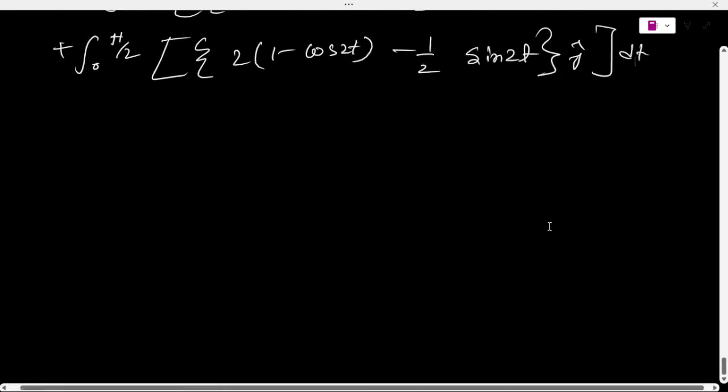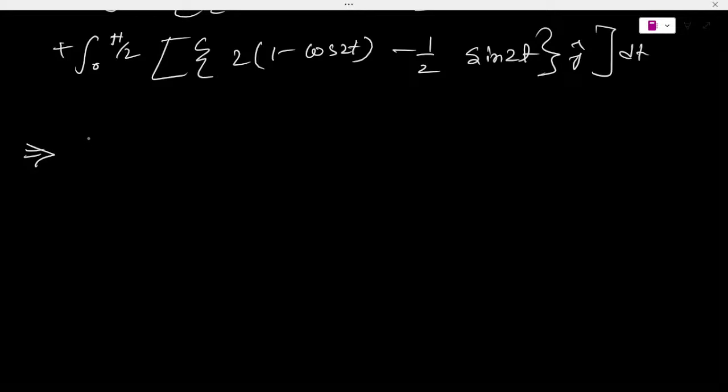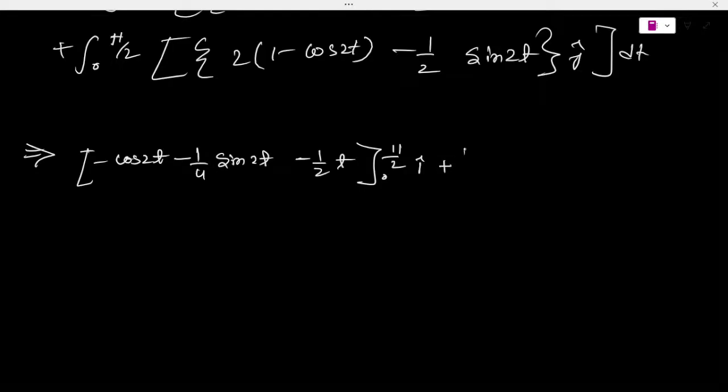And after that the result will be minus cos 2t minus 1 by 4 sin 2t minus half t, from 0 to pi by 2, i cap, plus 2t minus sin 2t plus 1 by 4 cos 2t, from 0 to pi by 2, into j cap.